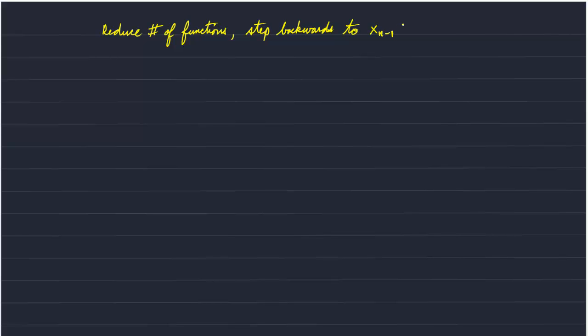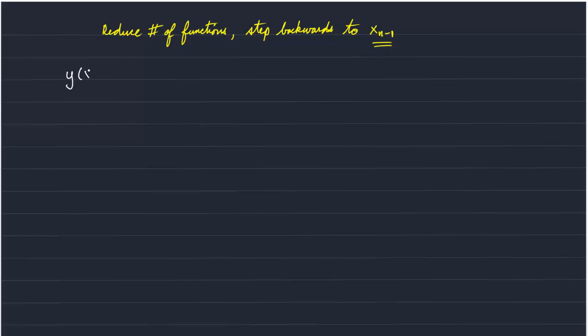So we were starting at point x sub n. Before we were looking at the solution at x n plus 1. Now let's look at the solution at x n minus 1.